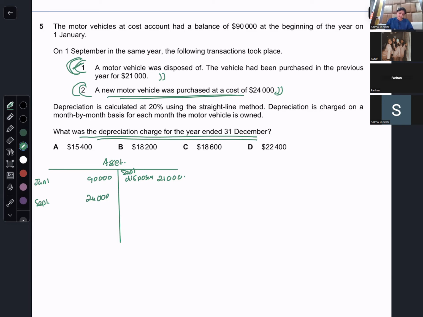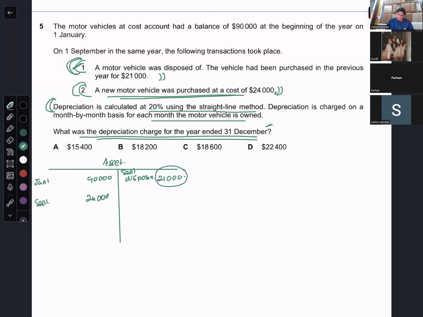Now read ahead. Depreciation is calculated at 20% using the straight line method, and it is charged on a month by month basis for each month the motor vehicle is owned. I want to know the depreciation charge for this year. In this year, you have disposed of this asset, right?